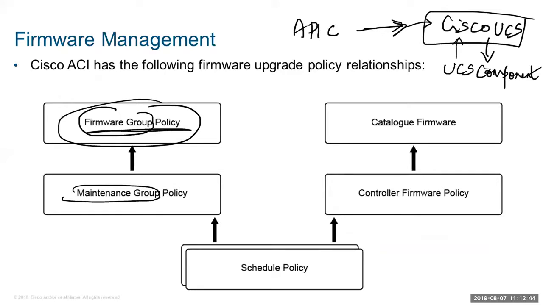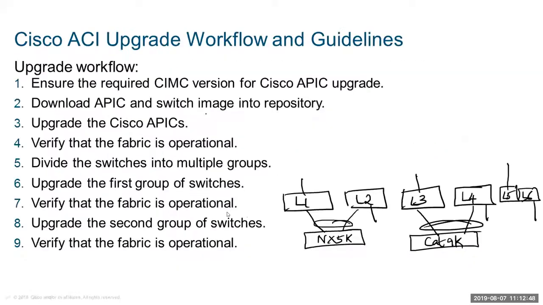Similarly, if I had only 2 spines, I would create one spine in one maintenance group and the other spine in another maintenance group. So ideally, you should have at least 2 maintenance groups. I might upgrade my maintenance group 1 first, and then after all those switches come back online, upgrade my second maintenance group.